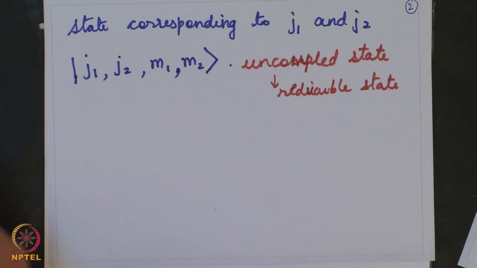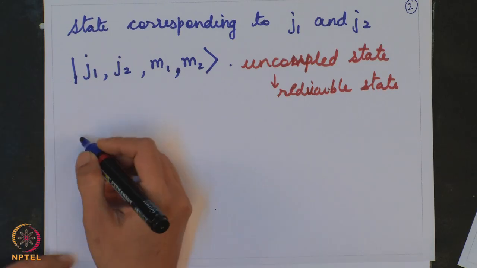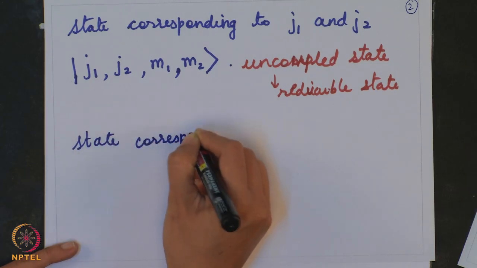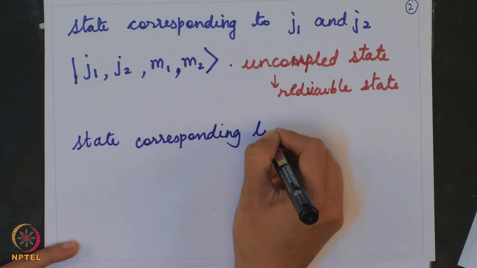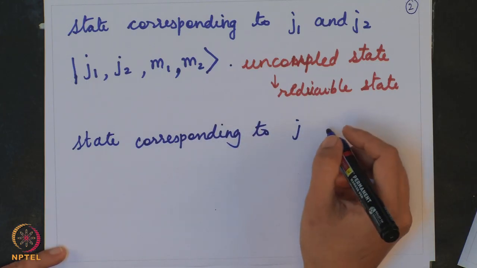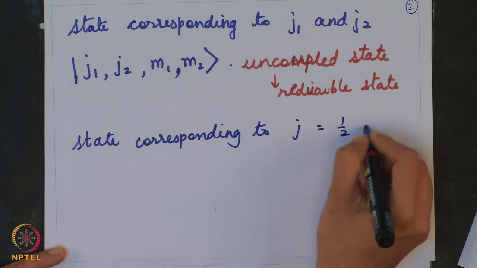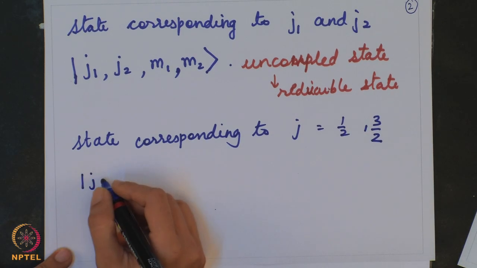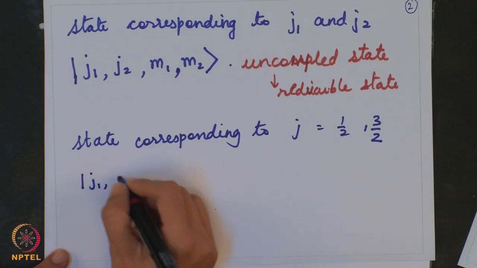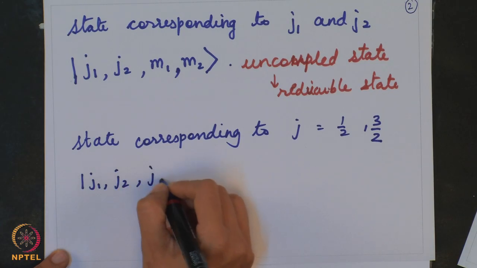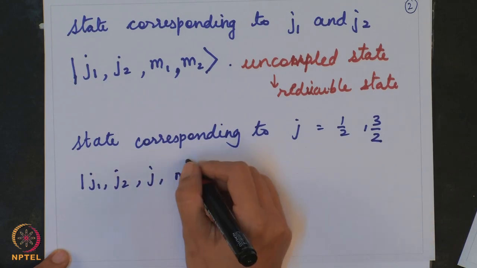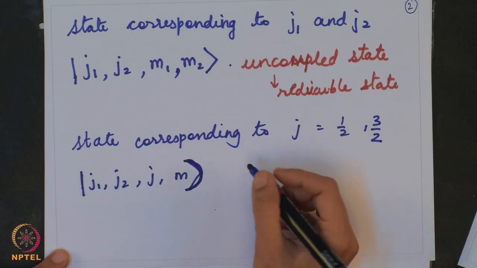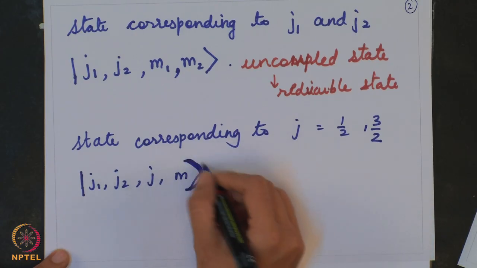The state corresponding to J, that is J is 1/2 and 3/2, can be written as J, J1, J2, J, M. In your lecture you have seen that it is denoted by an angular bracket.